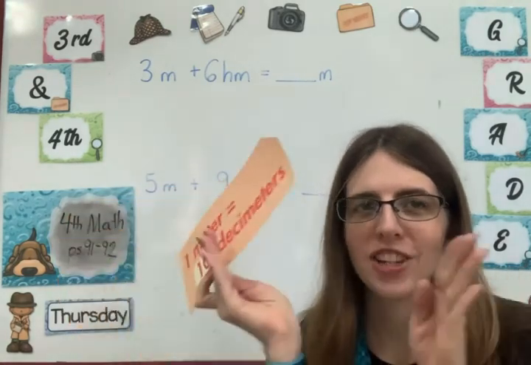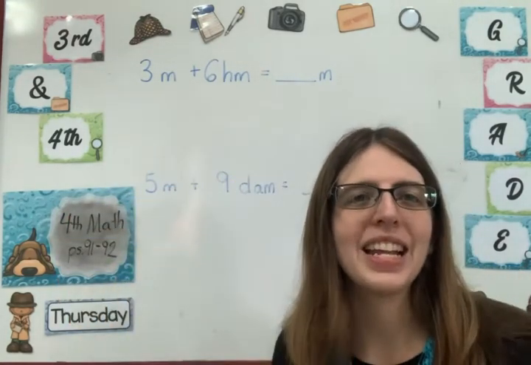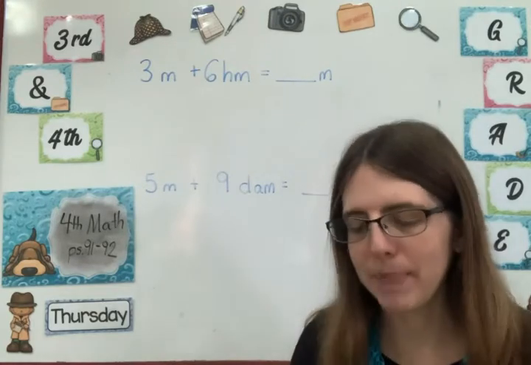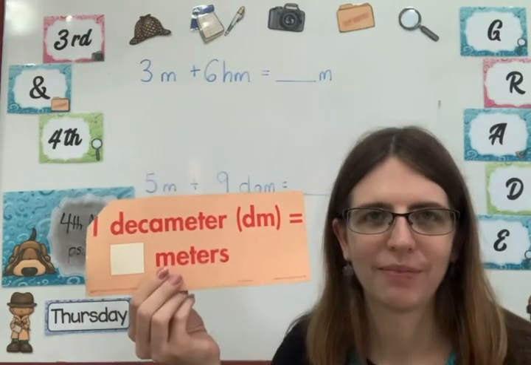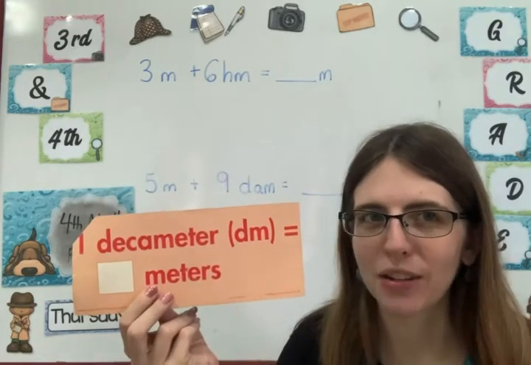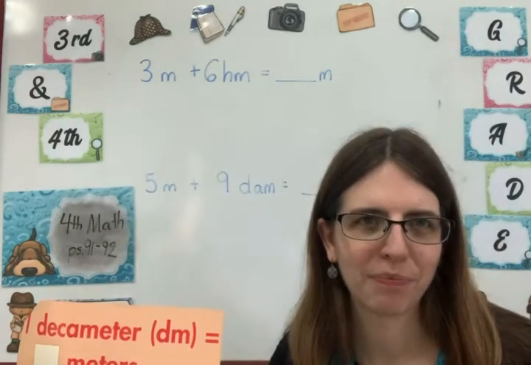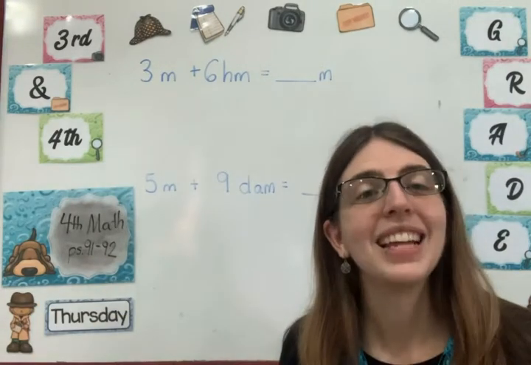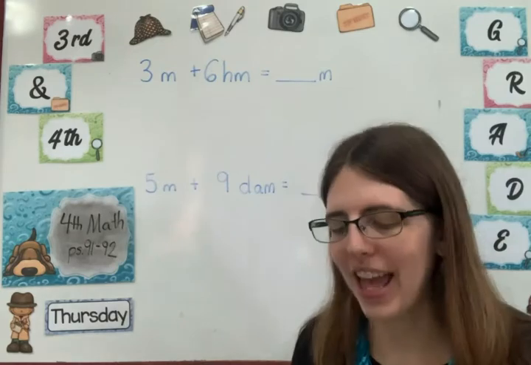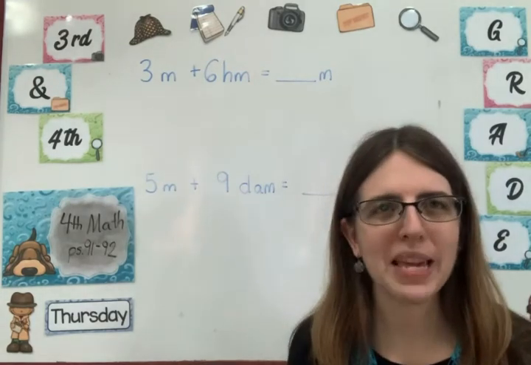So if we're looking at just the decimeter, we say that it is 1/10 of a meter. The next prefix is deca. Well, this one's bigger than meters, so it's not a part of a meter. So what is deca? 10, good, it's 10. So put 10 in the blank for B.